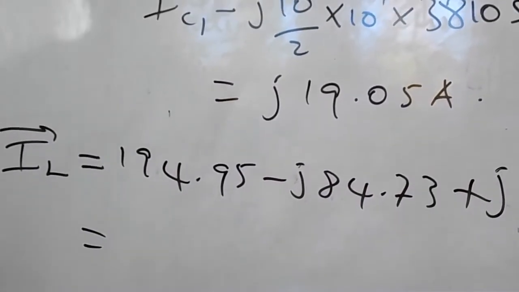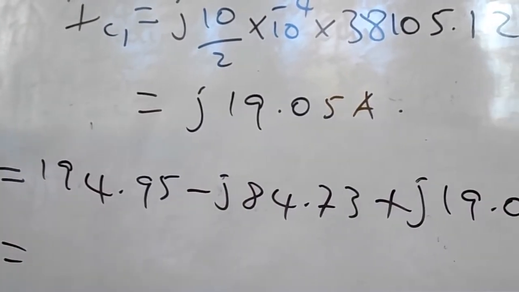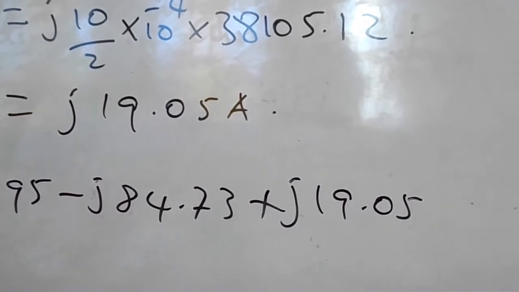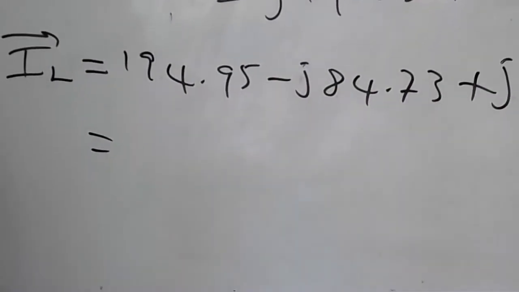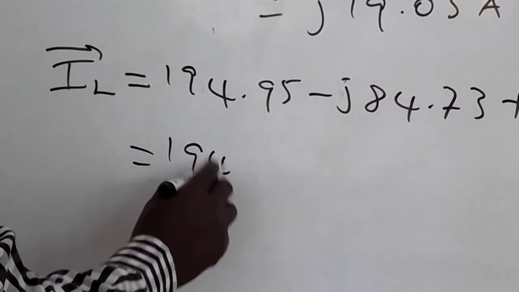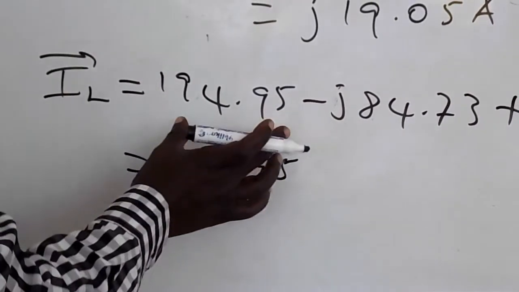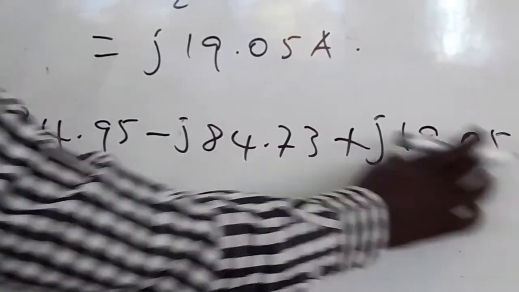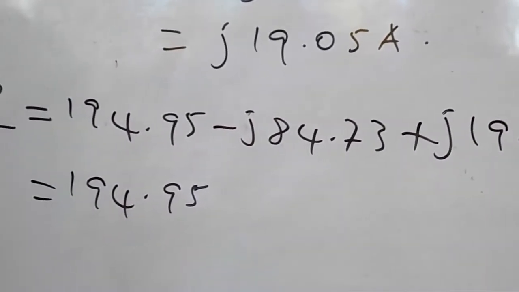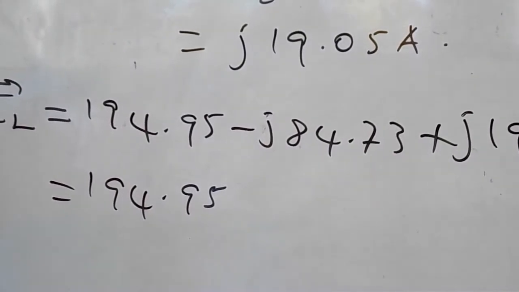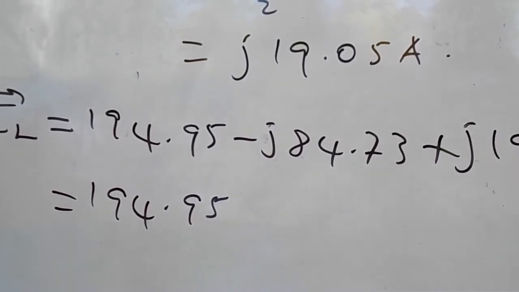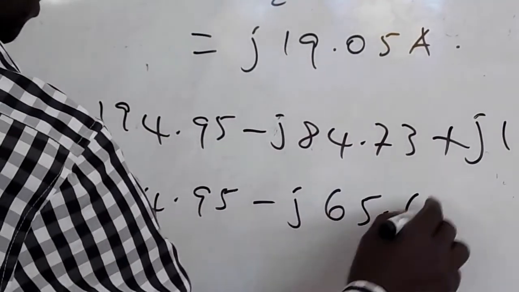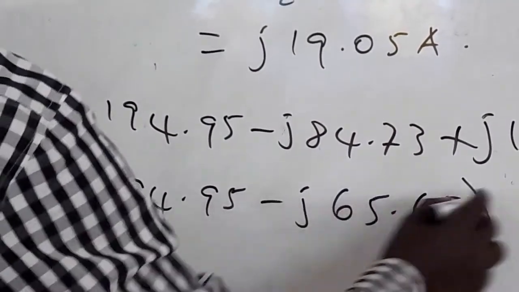The imaginary parts are added to give 194.95 minus j65.68 amperes.